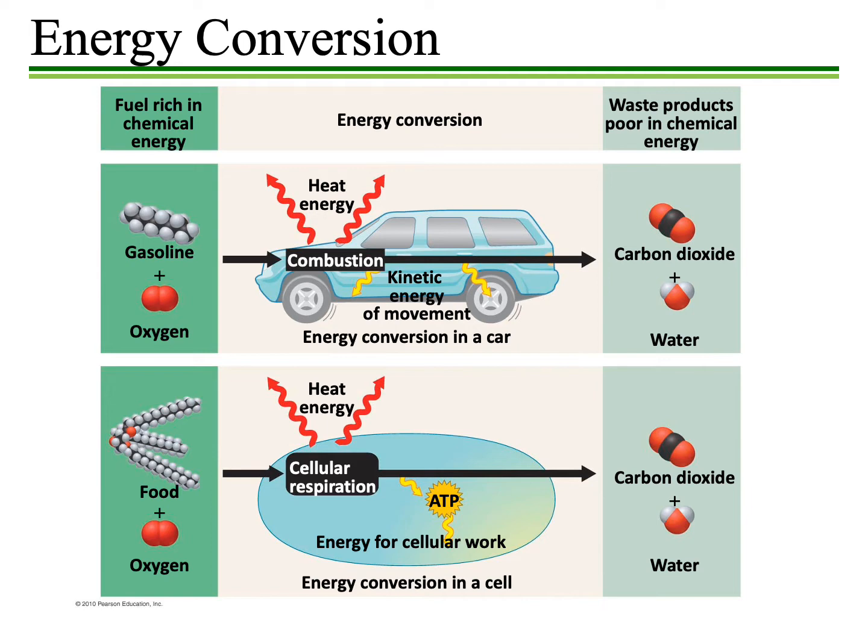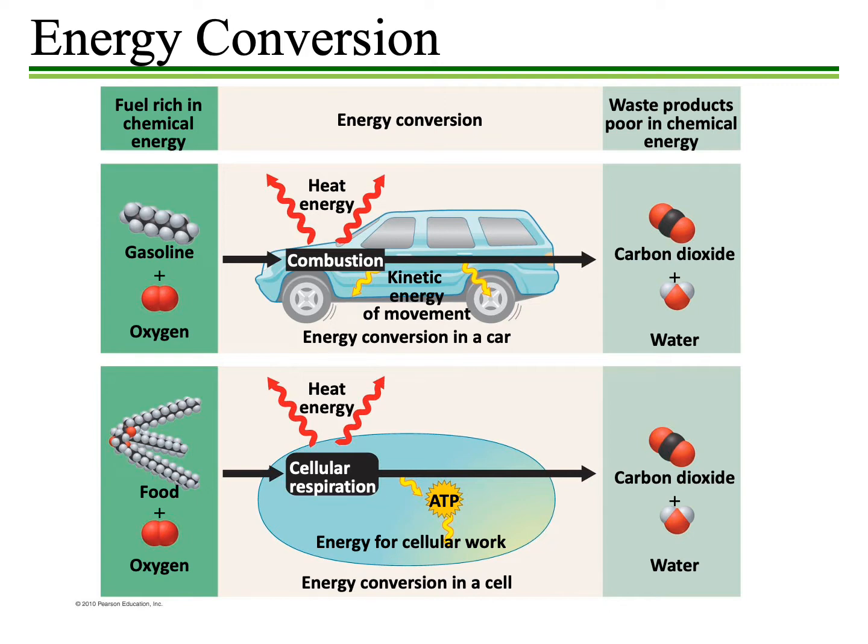So similarly, inside of a cell, we have food or fuel sources that are utilized in the presence of oxygen. The mechanism here of energy conversion is the process we're beginning to discuss, known as cellular respiration. There is some energy that is lost in the form of heat.